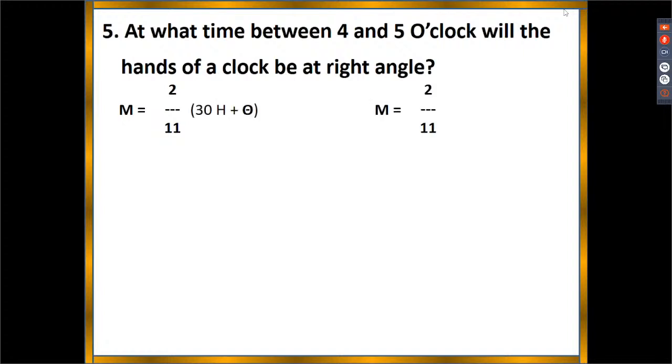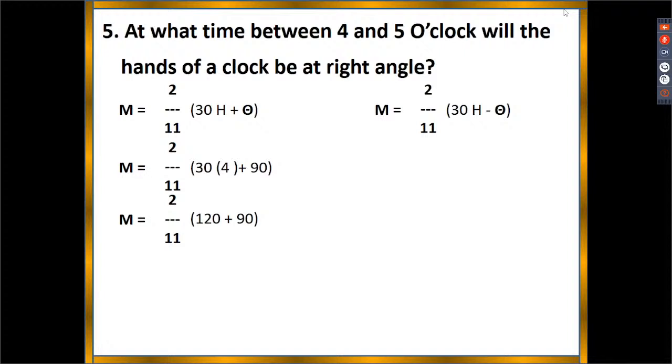2 by 11 into (30h plus theta) and 2 by 11 into (30h minus theta). The h value is 4 and theta value is 90. 30 into 4 plus 90 means 120 plus 90, which is 210. So 210 into 2, 420 by 11 minutes.